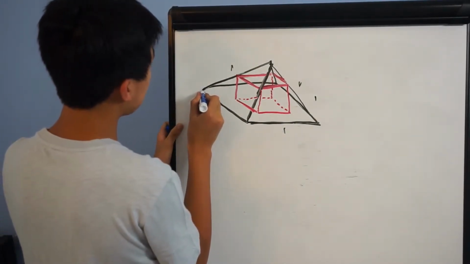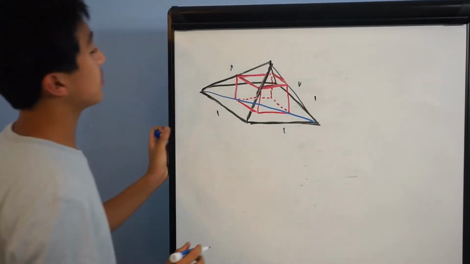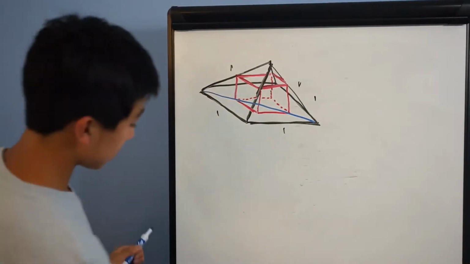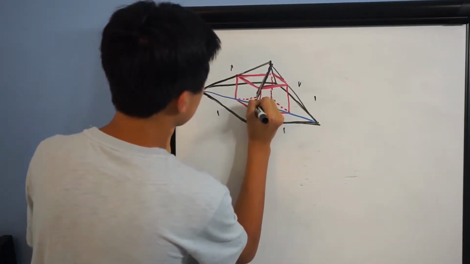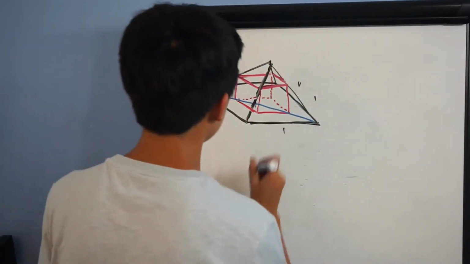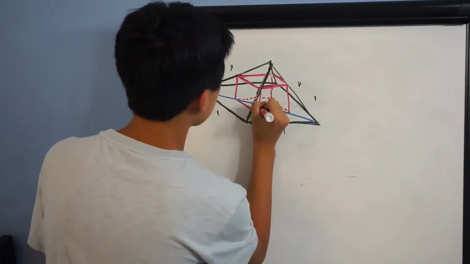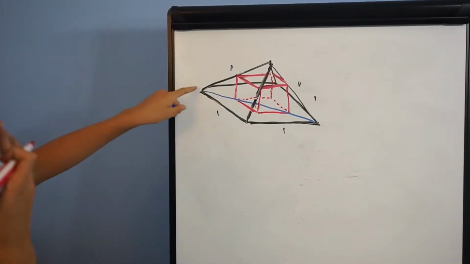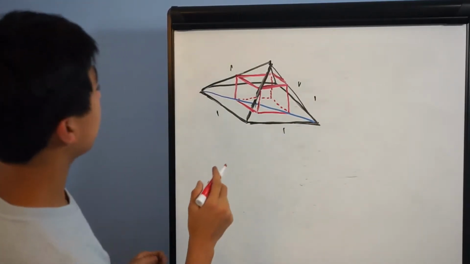So let's look at this line here. It's a diagonal of the base actually, not the face. So let's draw this over so it looks more realistic. The red should go over this. So now it looks like this is a diagonal of the base, which it is. That's how we drew it.